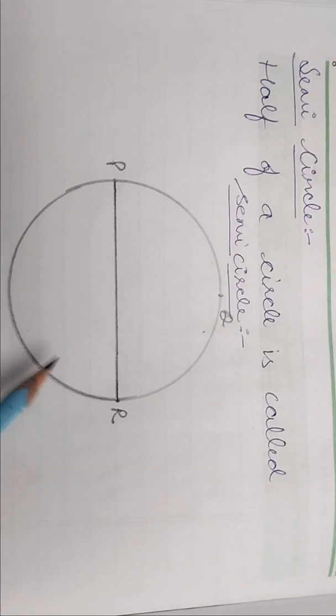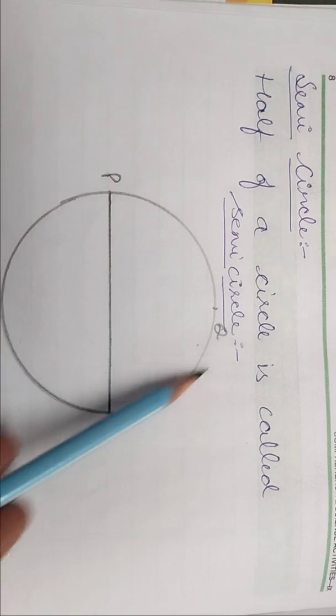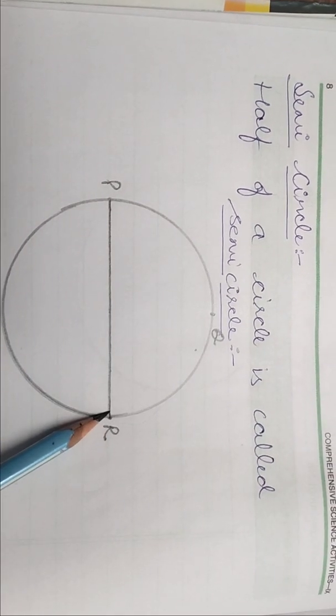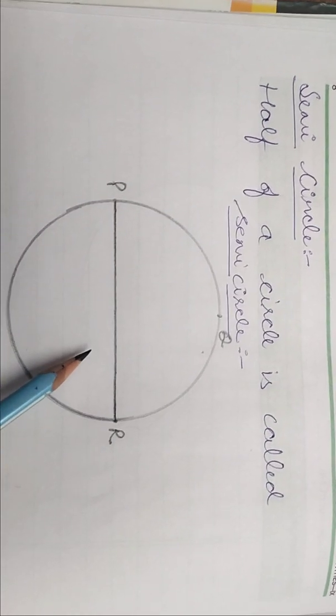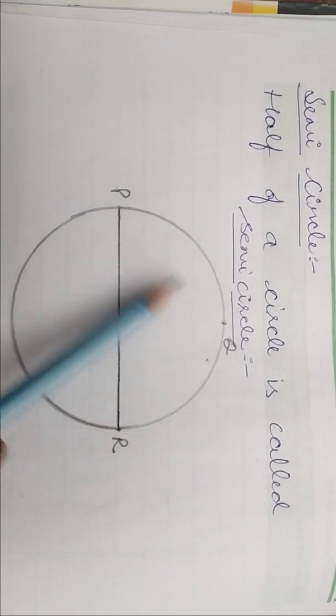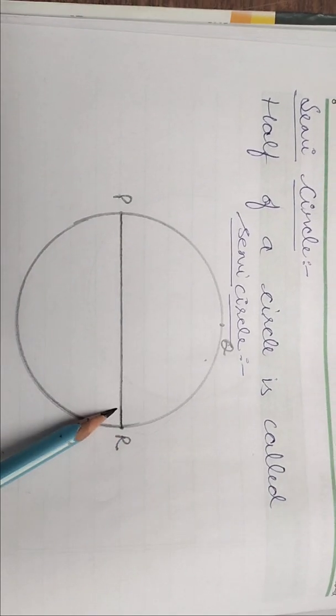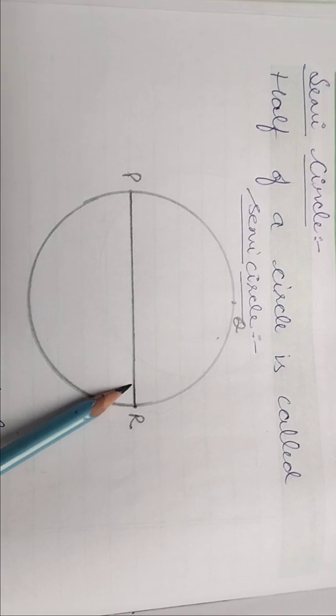Now look at the arc PQR. You see, son, this is half part of the circle. Arc PQR is half of circle and it is called semicircle.